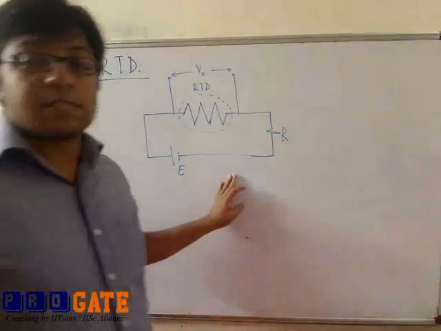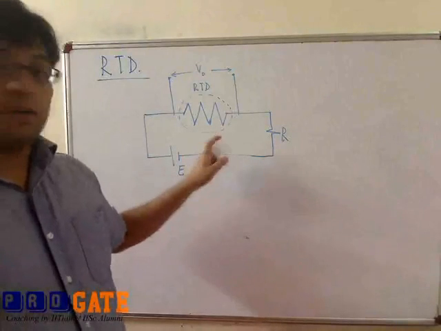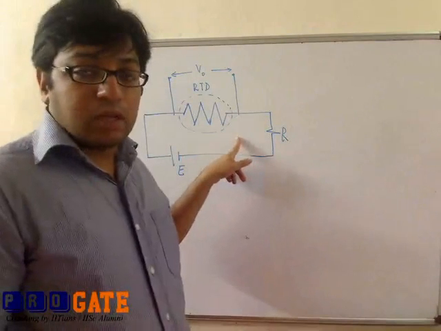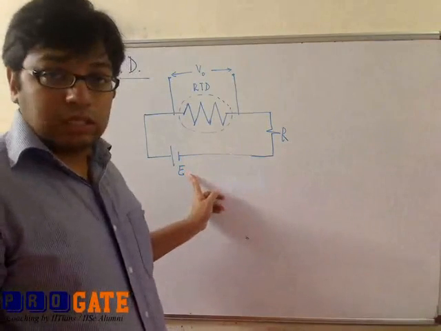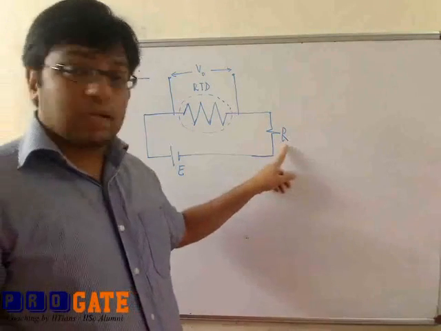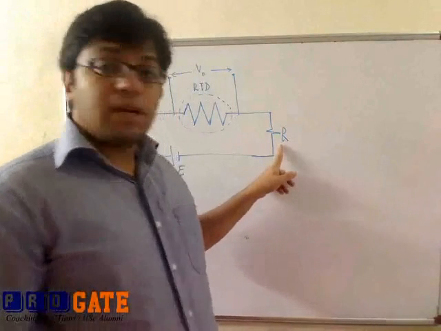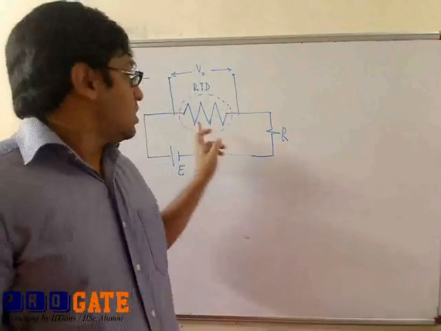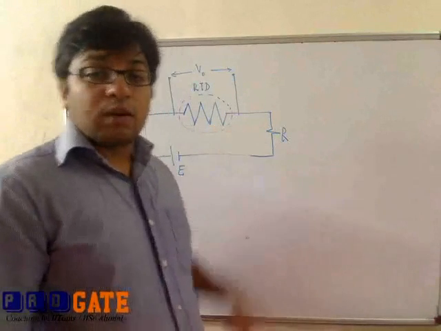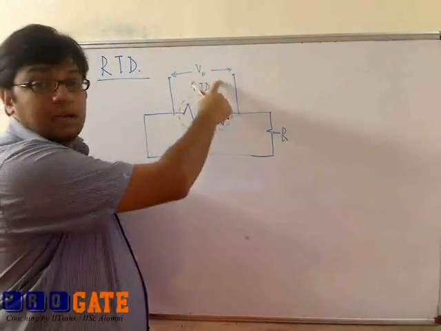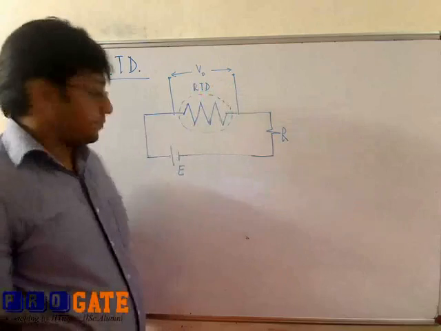So this could be a simple schematic circuit for the measurement of temperature. What do we have here? We have a resistance temperature detector to which a constant amount of current is supplied through the voltage source E. And we have another resistor over here, R. This is a current limiting resistor. So once we have a constant current flowing through the RTD, as the resistance of the RTD changes, the voltage across the RTD changes. So because of this change in voltage, we can measure the temperature.